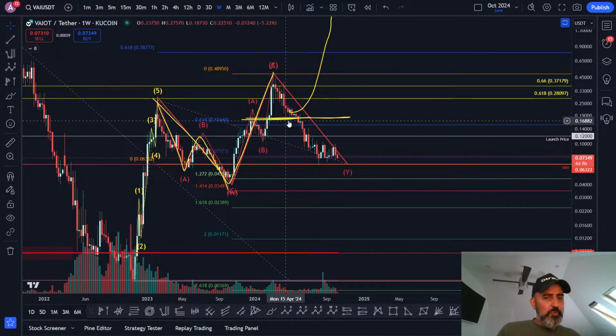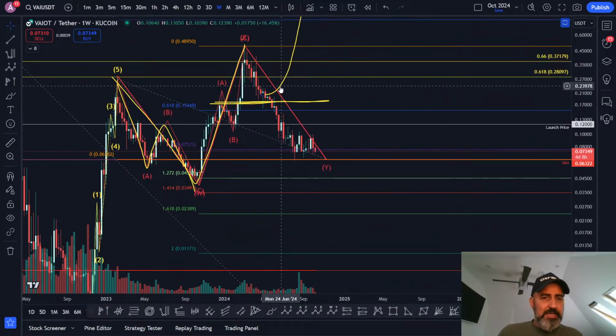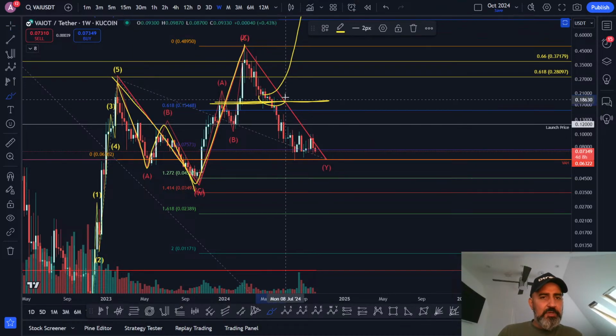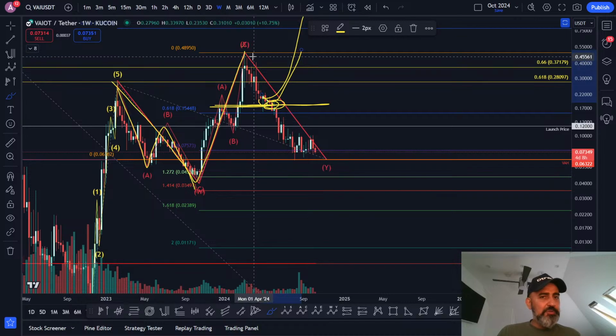The reason why it's not the same is because you had a failed wave 5 here. Whereas in these other circumstances, there was no reason to fail. But here, we could have gone up. It could have continued, but it didn't, so it failed. And that's why this correction is different to these other ones.